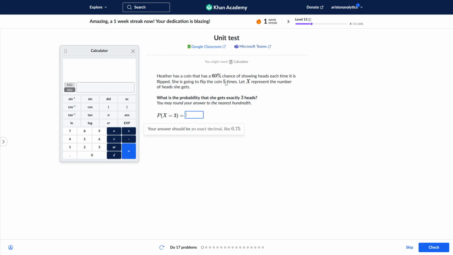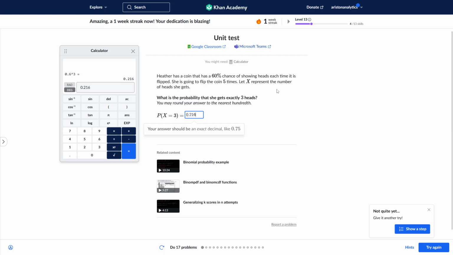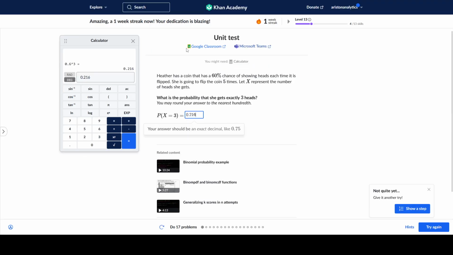Heather has a coin. Let X represent the number of heads she gets. Probability that she gets exactly 3 heads, so yep. 5 times. Oh my god.